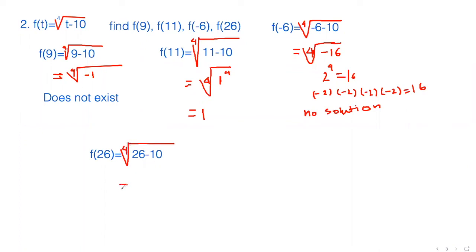So it is the fourth root of 16. We know that 16 can be written as 2 to the power 4. So 2 times 2 times 2 times 2, 4 times. So they cancel. So the answer is 2.